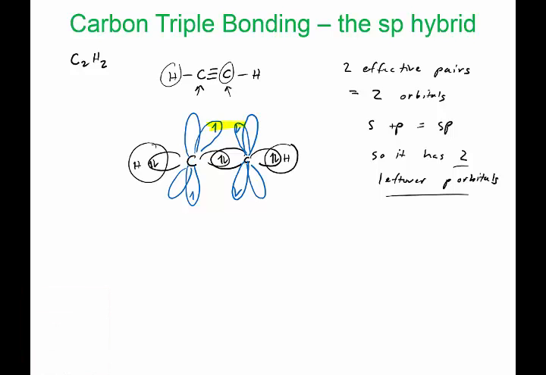Okay, so these will overlap, and then these will overlap also. So that's how you get the triple bond. It's like these leftover p orbitals. So this right here is called a pi bond, and it has a second pi bond. So we say that this carbon right here is sp hybridized.